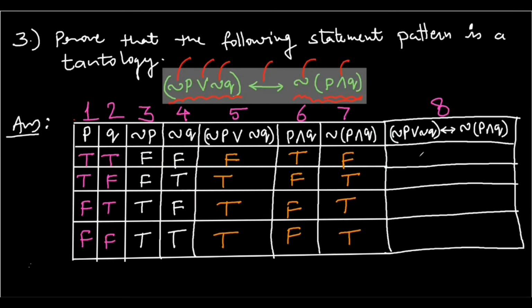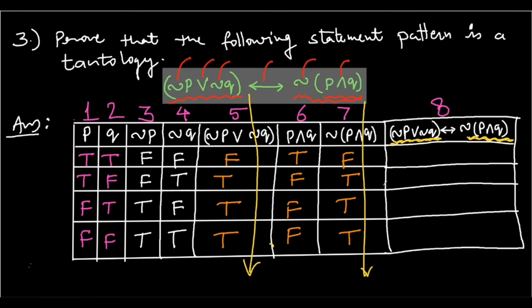Then students, see here, what is next? The next one says that we have the double implication, the biconditional, of column 5 with column 7, this and this.